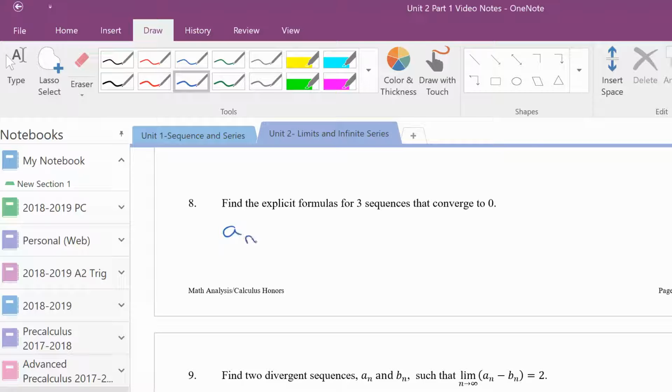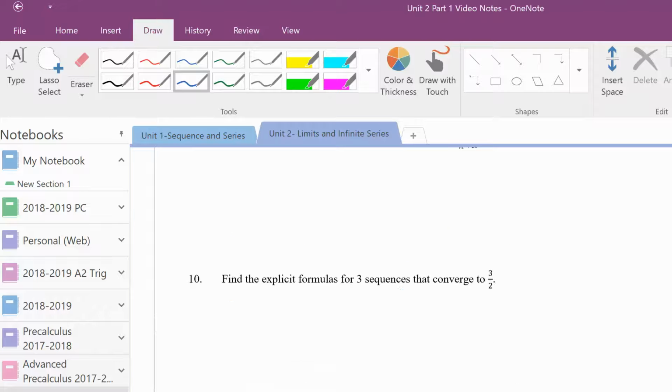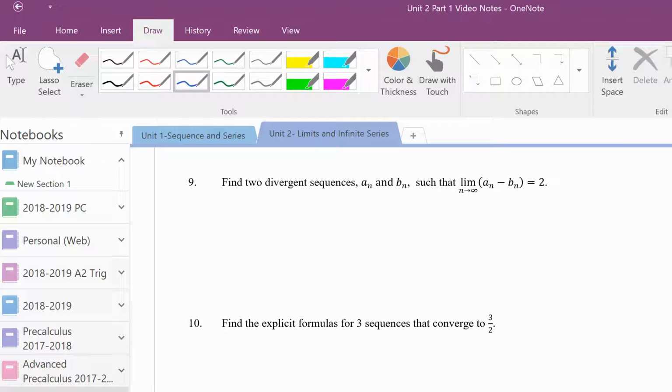So for example, a sub n equals 5 over n squared would converge to 0. b sub n equals 5 over n to the 4th, or c sub n equals 5 over n to the 7th. All 3 of those converge to 0. If you take the limit of those, it would be 0. There are other examples, but those are just 3 that I thought of off the top of my head.